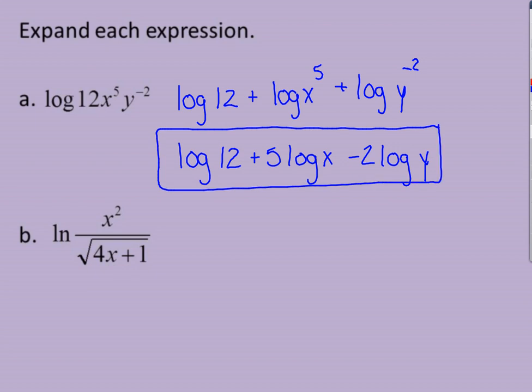On the next one, we're going to start by getting rid of that division. Remember, when you split it up, it becomes subtraction. Now, a square root is the same thing as raising something to the 1/2 power.